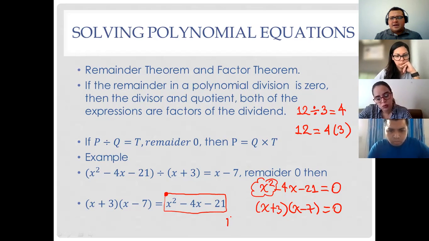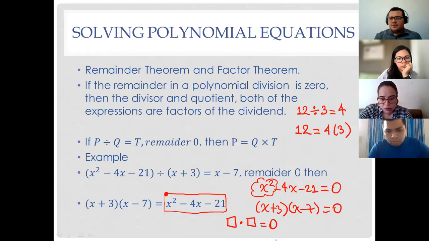I mean, if I have some number times some other number, it gives me 0. What can you say about those little boxes in here?